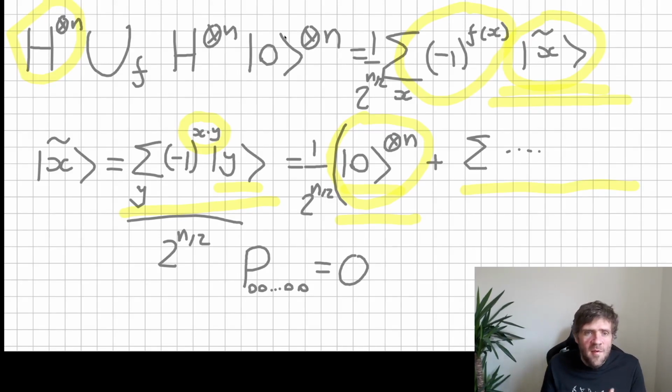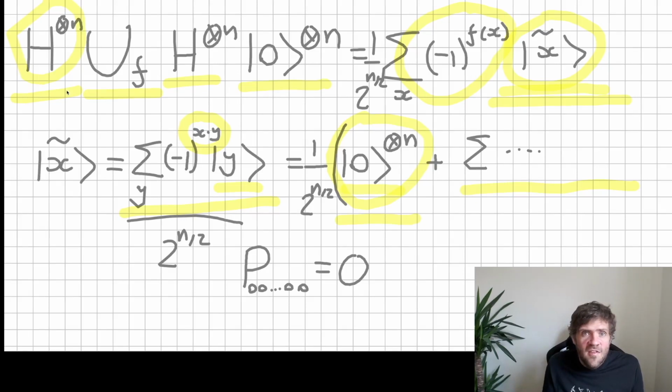So if we apply this algorithm, which is to first prepare the all zero state, then apply Hadamards on all qubits, then apply the phase oracle, and then apply Hadamards on all qubits again, and then we measure, if we get the all zero state, we know that it was a constant function. If we get anything else, we know that it was a balanced function.